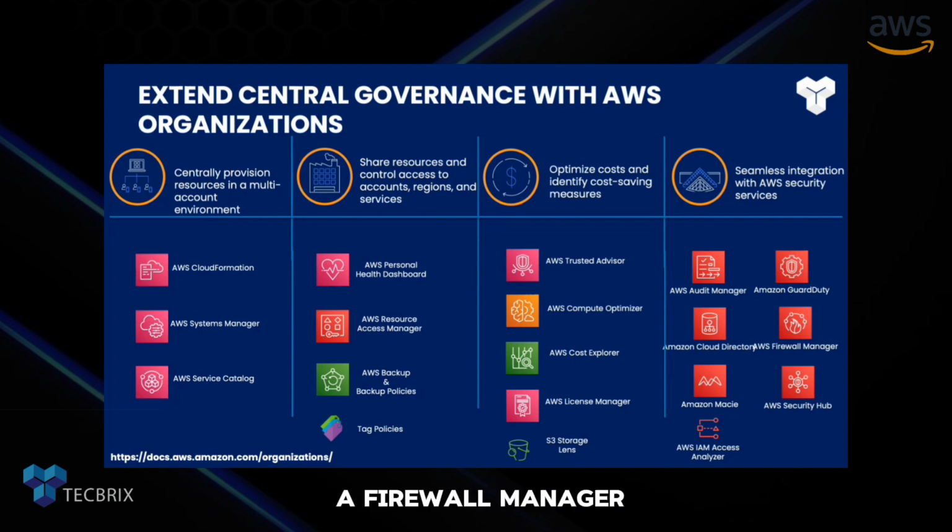You can have Firewall Manager, you can have Amazon Macie, and you can have Security Hub as well to understand the security posture of all of your AWS accounts, and make sure you are taking the right decisions by looking at the dashboards and the standards. What you need to do, you can perform the necessary actions. So using AWS Organizations and AWS services, it is pretty easy for us to manage governance in a centralized and efficient way.